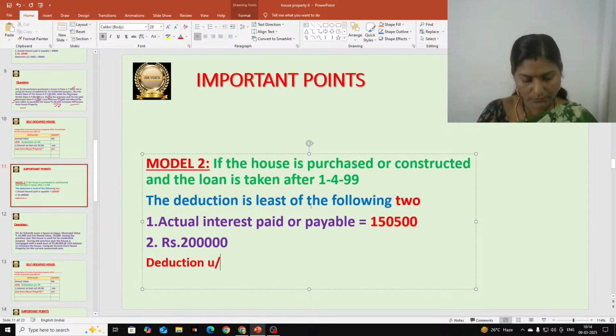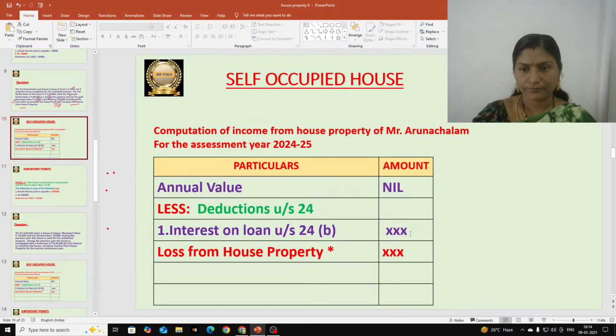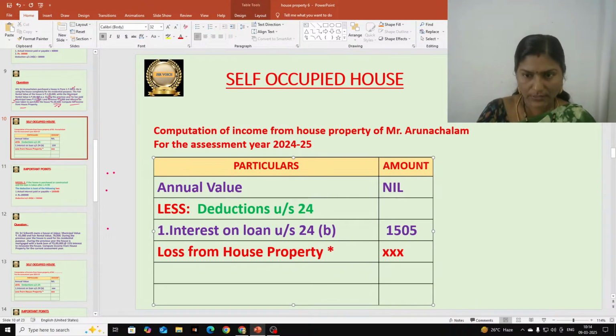And now we will write deduction under section 24 subsection B is equal to 1,50,500. Okay, so we will write here that only 1,50,500.